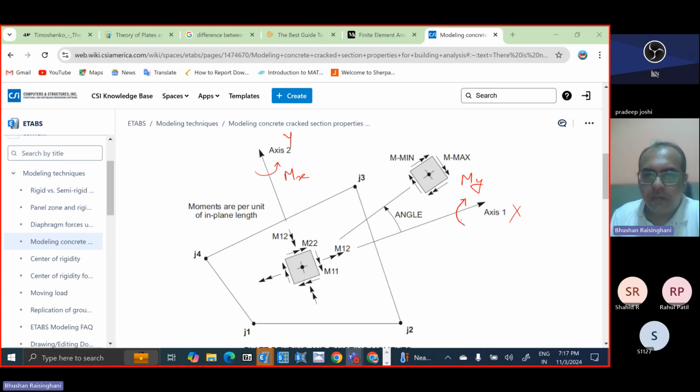So this particular moment that I am showing, what I have circled, will lead to bending between these two points, right? The slab will bend like this, in the out of plane, not in plane. Am I right or not? Yes, sir.